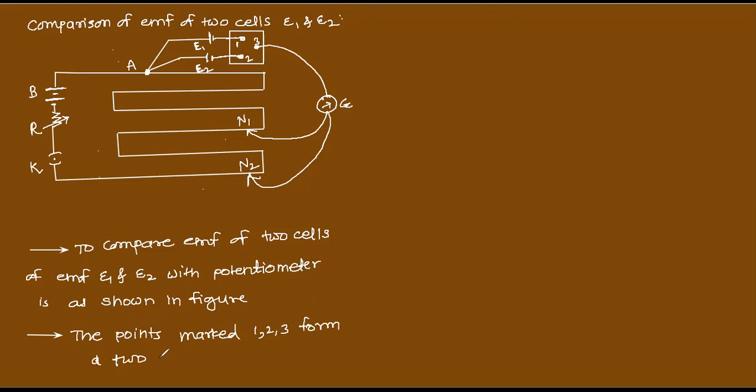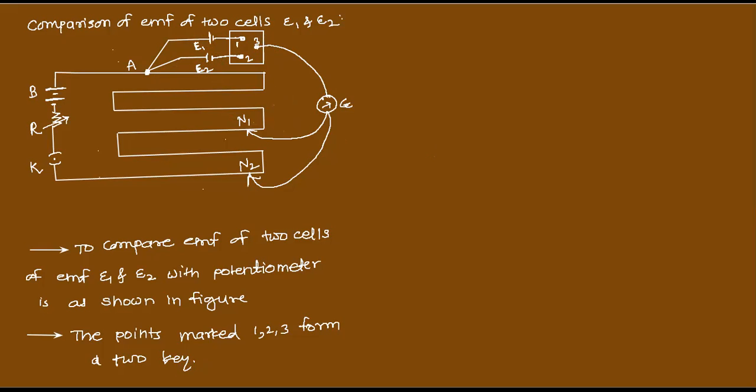Two-way key means one time one cell will be in contact, second time you will get another cell in contact. How? You see here, I will show you that. If suppose this 1 and 3 are in contact, then the current flowing through this secondary circuit is because of this cell. When 2 and 3 are in contact, then the circuit current is because of this E2. Understood? Let's move ahead now.